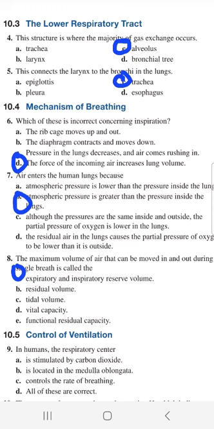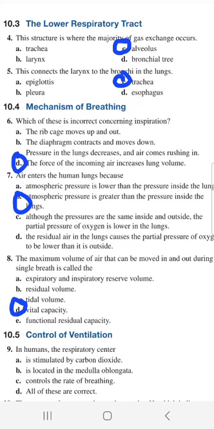Residual volume is the rest. Residual is from residue. It's the rest of the air that stays inside your lungs. And vital capacity. Actually, the answer is vital capacity, because it is the maximum amount of volume that can be moved in and out. So what is option A?